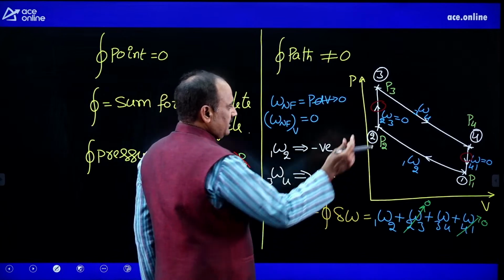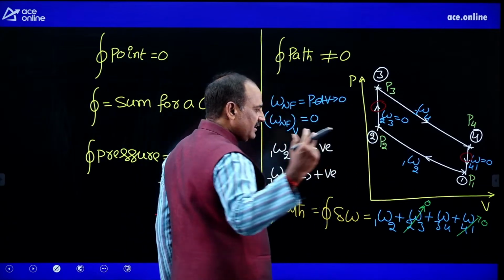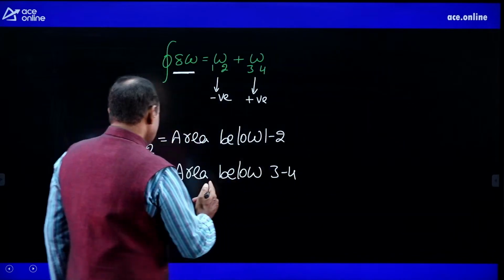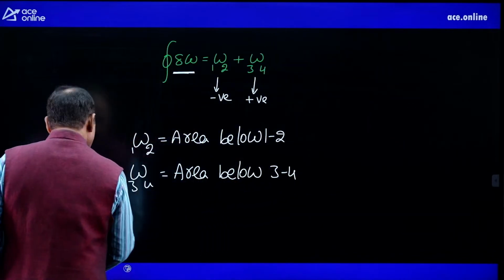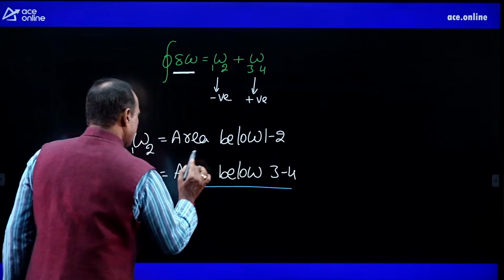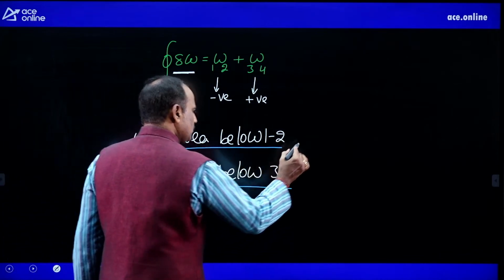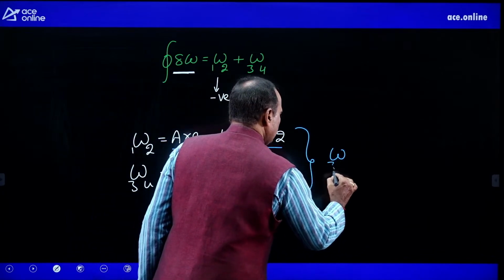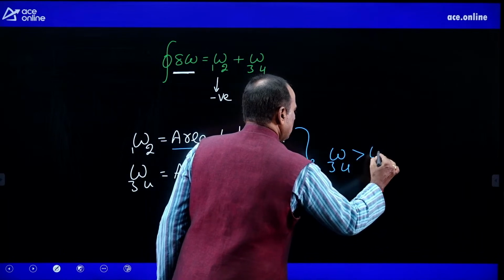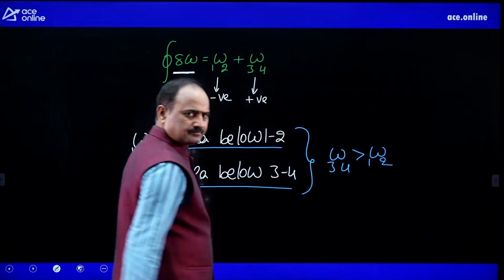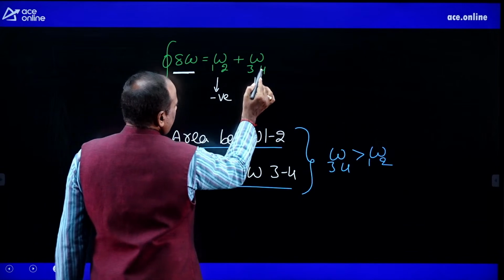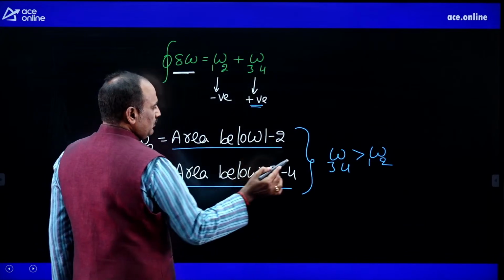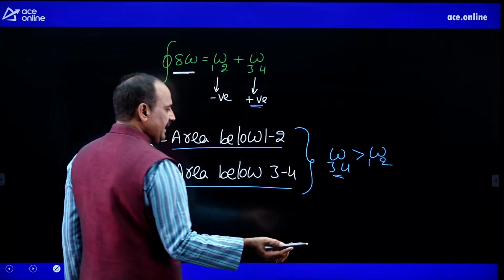From that you can conclude that the area below 3-4 is more than the area below 1-2. From this I can conclude that work for 3-4 is more than work for 1-2. It means positive work, work for 3-4 is positive, right? Work for 1-2 is negative. Positive work is more than negative work.